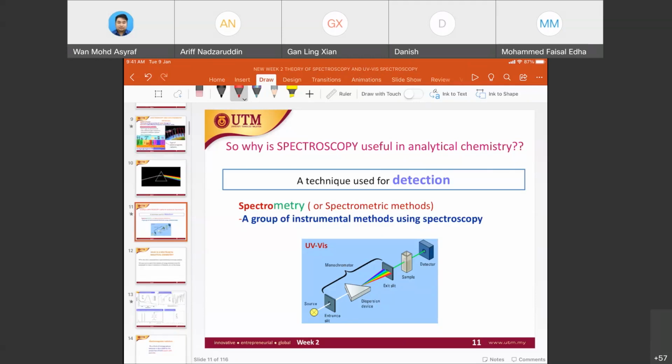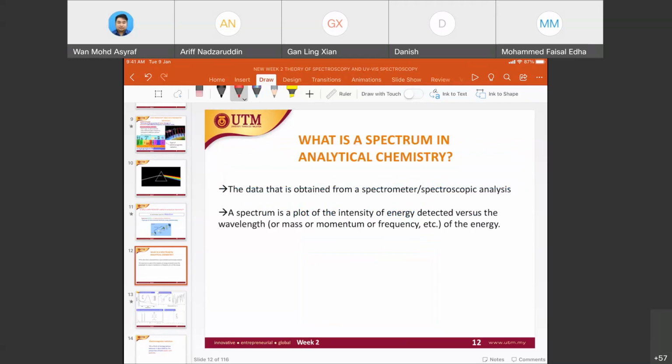So, what is a spectrum in analytical chemistry? Okay, tadi kita belajar what is spectroscopy. Sekarang what is a spectrum? Spectrum ni adalah data that we have obtained from a spectrometer ataupun spectroscopic analysis. Okay, basically something like this. You have a sample.